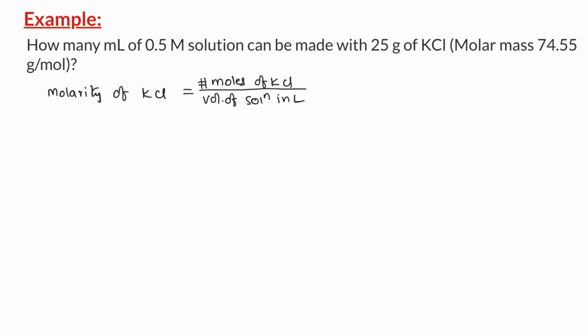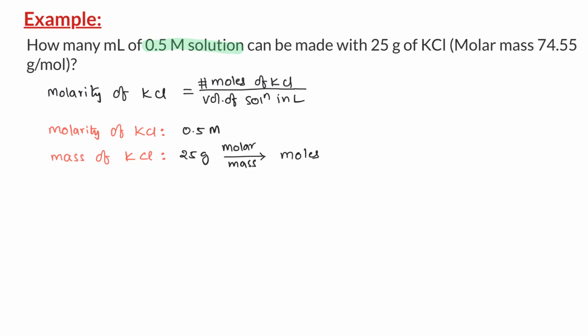The molarity of the potassium chloride solution is given as 0.5 molar and the mass of potassium chloride is given as 25 grams. And we need to convert that into moles of potassium chloride using the molar mass. We start with 25 grams of potassium chloride and we want moles of potassium chloride.